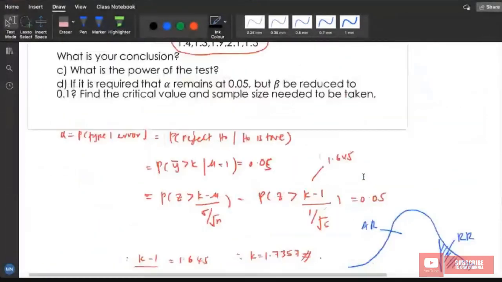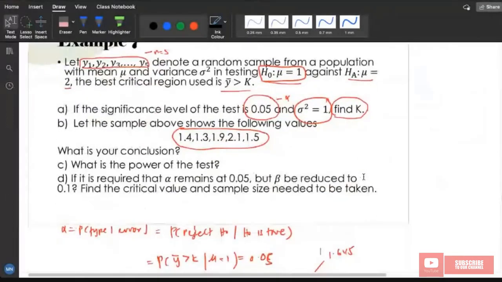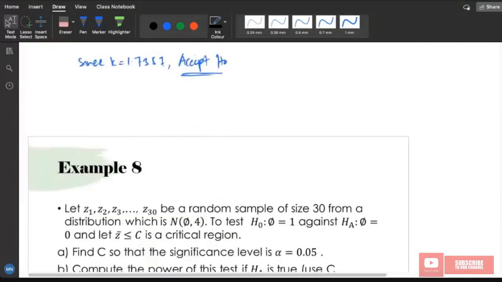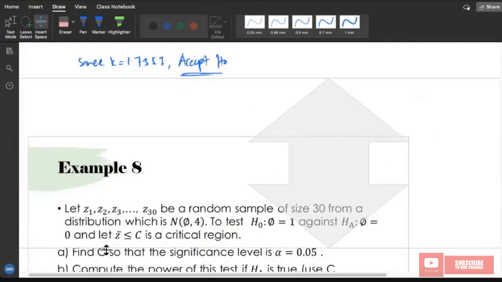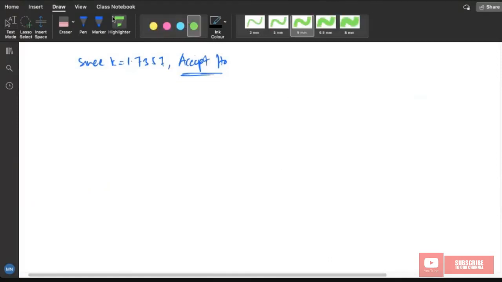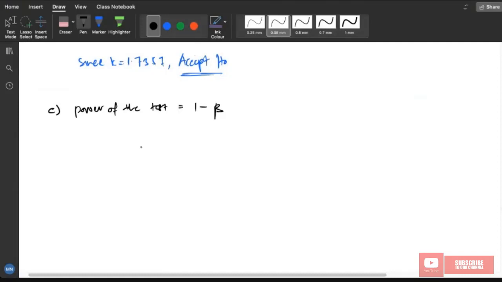Now look at the next question: what is the power of the test? C, we want to find the power of the test. Power of the test is equal to 1 minus beta. As I told you earlier, beta is the probability of type 2 error.